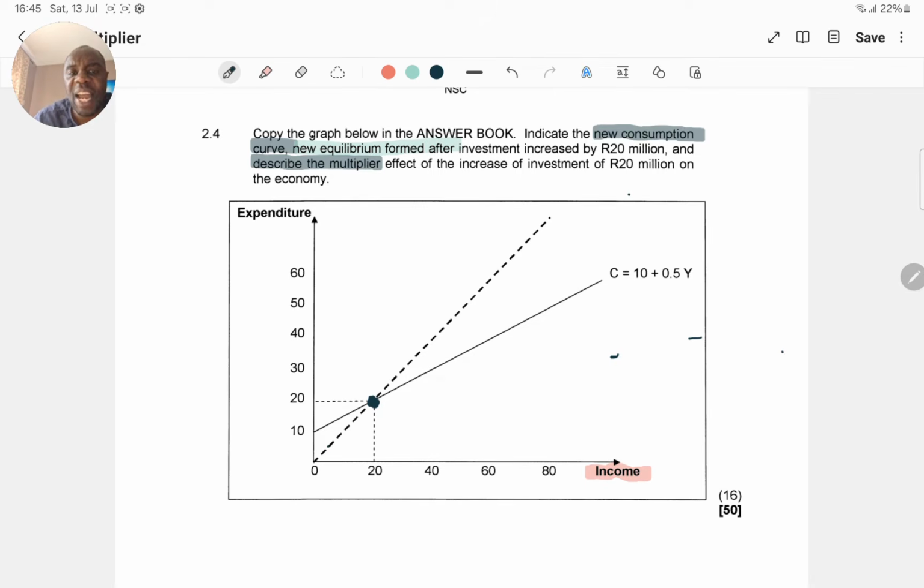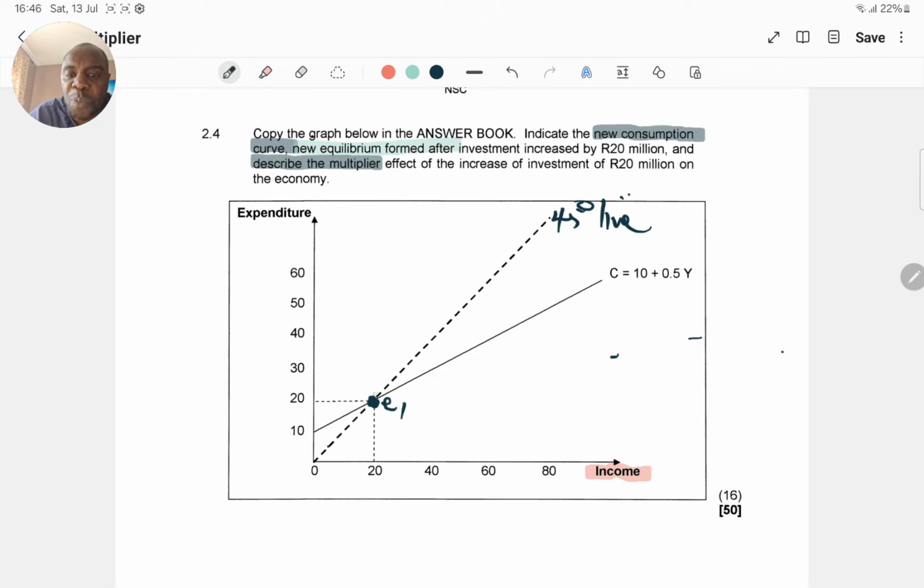The purpose of the 45-degree line is to indicate all points at which income is equal to expenditure. So any point lying on the 45-degree line indicates that income and expenditure are the same. I'm going to mark this one E1.